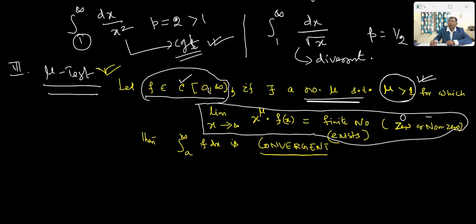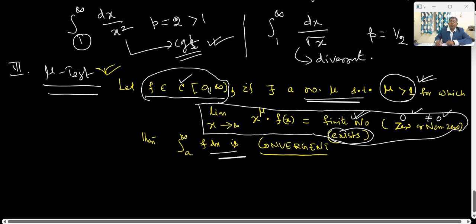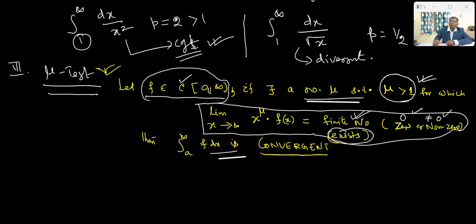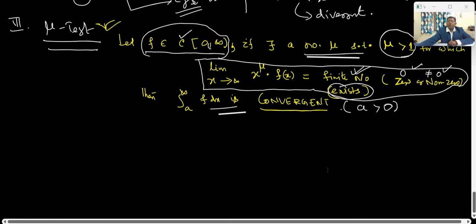If it is a finite value, 0 or non-zero, then we say this integral is convergent, right? Clear? So generally the lower limit a we are taking is positive. Clear?